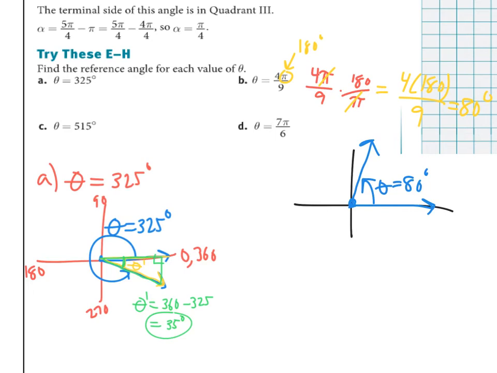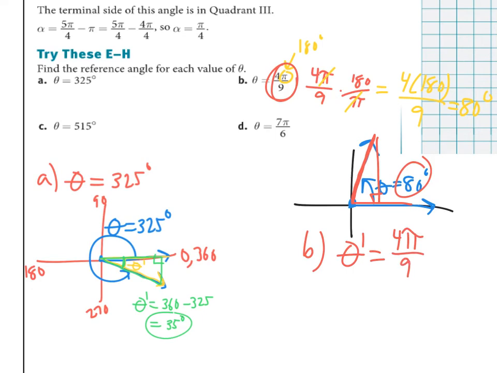Yeah, since it's less than 90 degrees, we can just use the angle itself right there. So in quadrant 1, the reference angle is just the angle itself. You don't have to do any real calculation. As soon as I knew that the angle was less than 90 degrees, I knew we're in quadrant 1 and that the reference angle is itself.